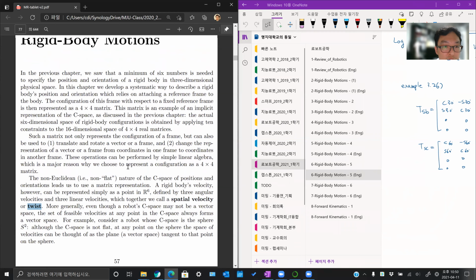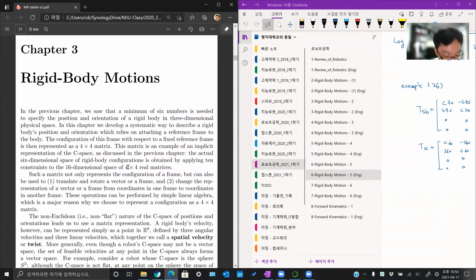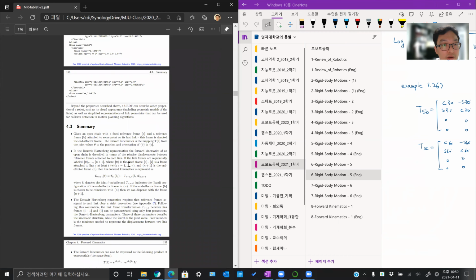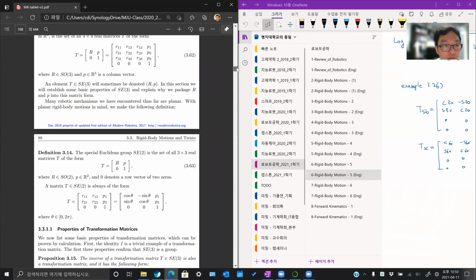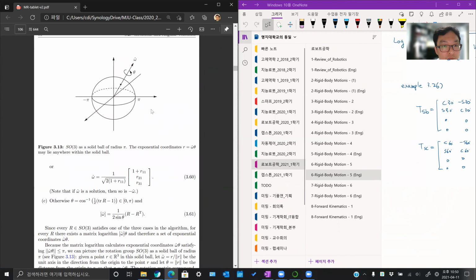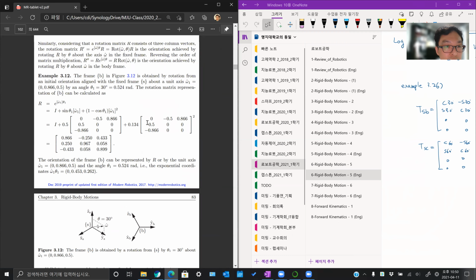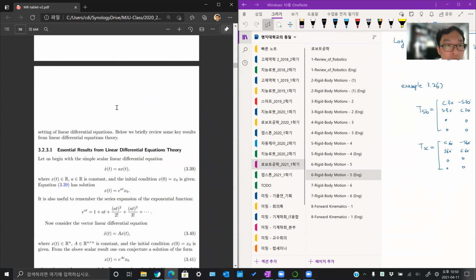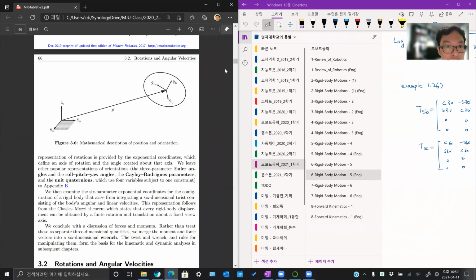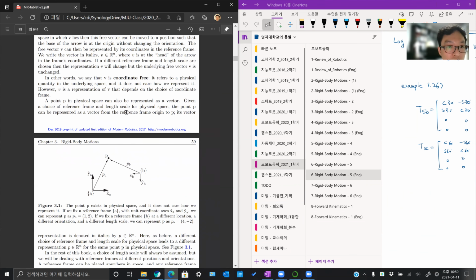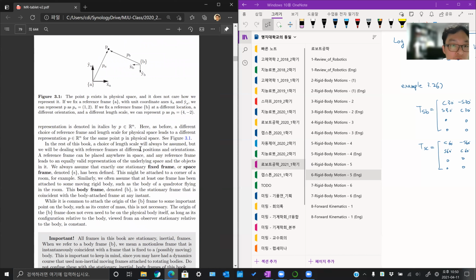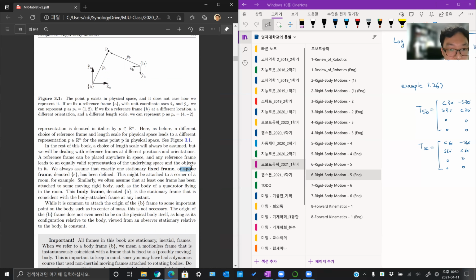This twist concept is the most important one in our class. So, and why is it changed? Okay. So we learned about fixed frame and space frame, and these two concepts are the same, and we learned about body frame.